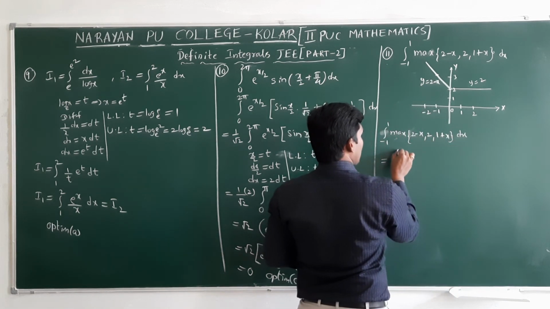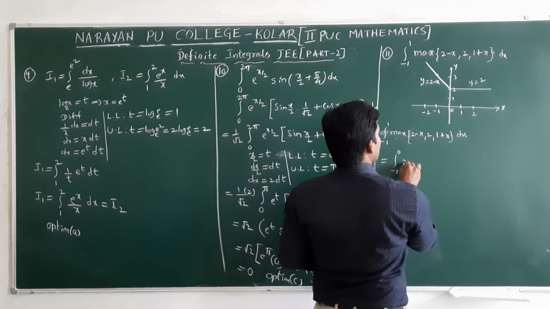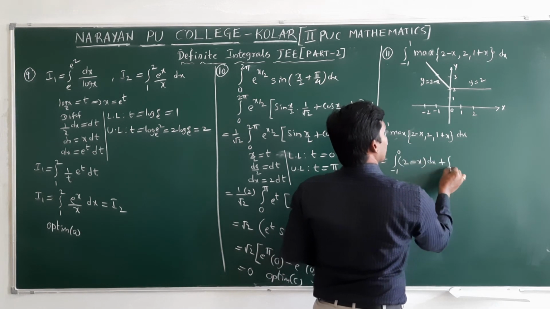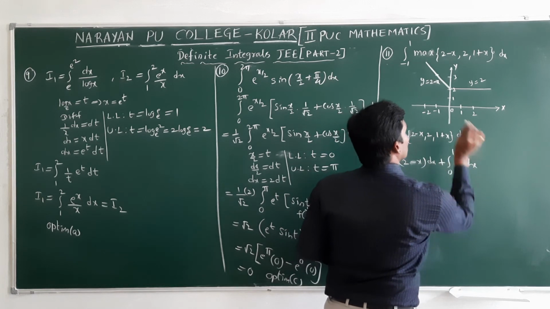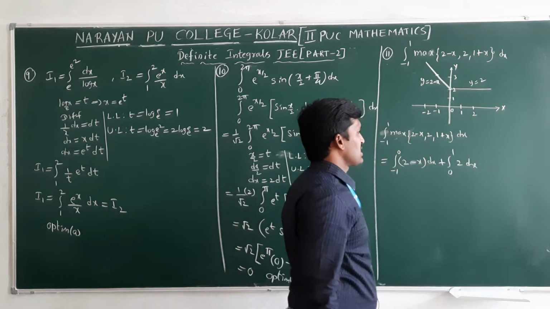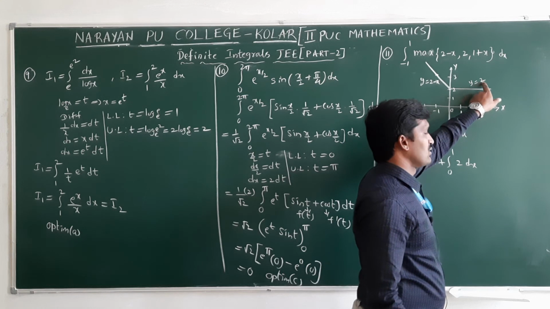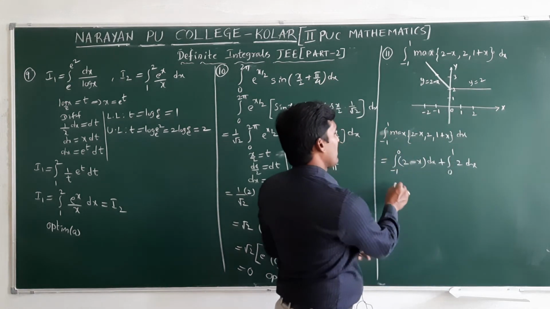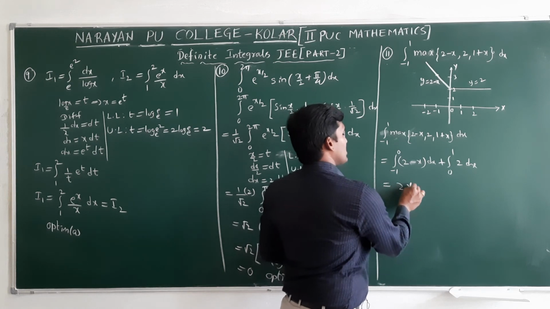One is from minus 1 to 0, where the curve present is 2 minus x. And from 0 to 1, the curve present is 2, because we are integrating with respect to x. Integrate this.